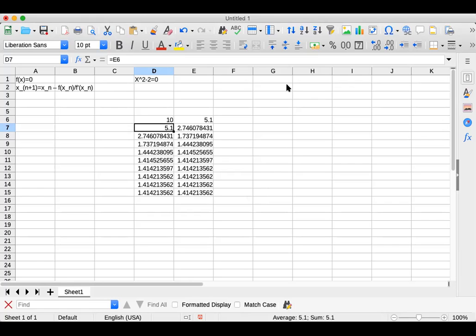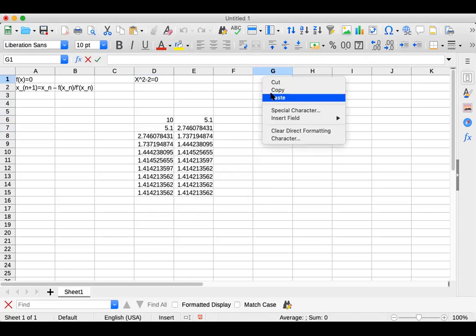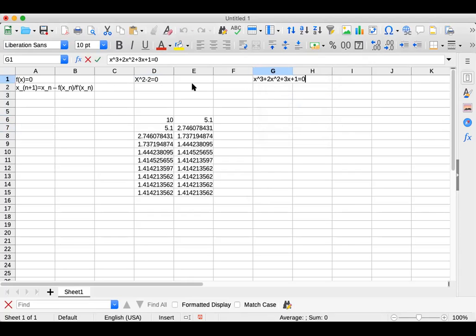Let's try another example. This time, let's take a more complicated function. We're taking the equation x cubed plus 2x squared plus 3x plus 1 equal to 0.